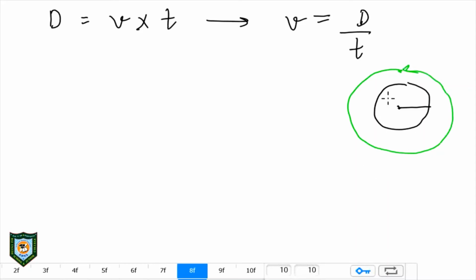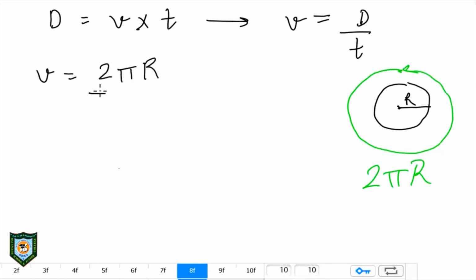So the distance that it travels is going to be 2πR, obviously assuming that the radius here is R. So I can say that v is equal to 2πR over t, where t is the time it takes to revolve in the circle, which we are going to denote by capital T.